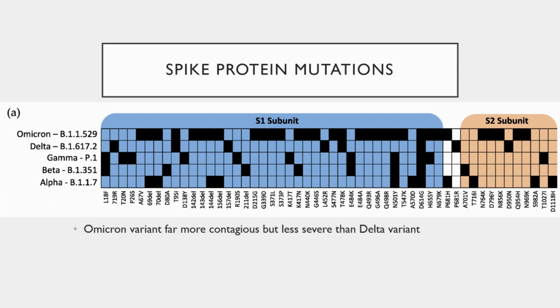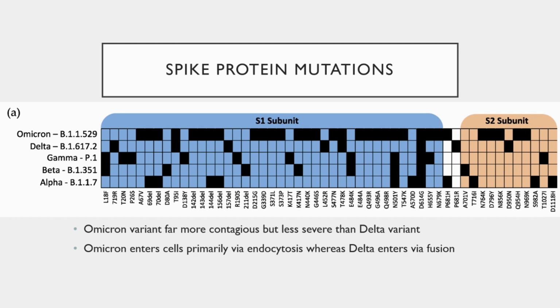One explanation as to why Omicron appears to be more contagious but less severe is that Omicron, based on the evidence that we have at this time, appears to infect host cells primarily through endocytosis, whereas Delta infects primarily via fusion.